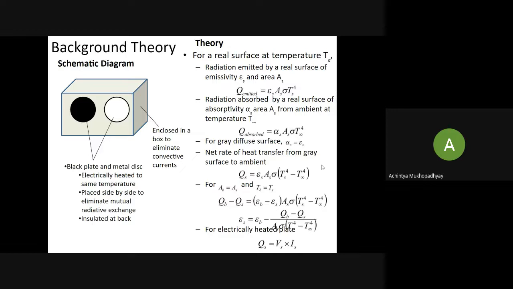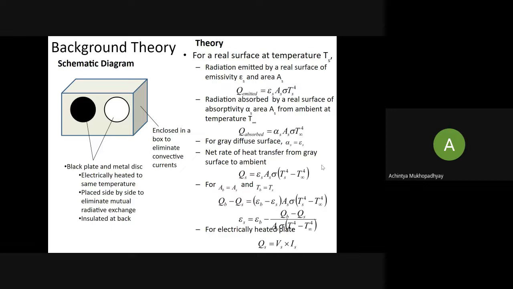So a gray diffuse surface is a surface whose radiative properties are independent of direction and wavelength. Most metals are by and large gray diffuse in nature.